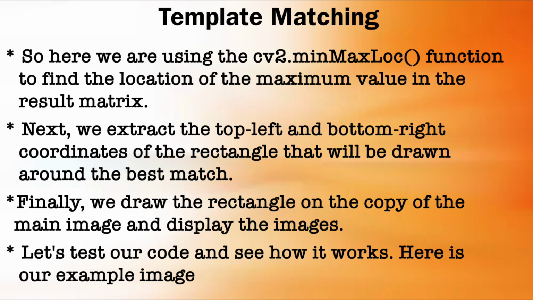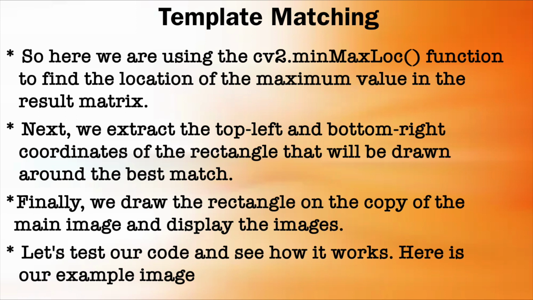Next, we extract the top left and bottom right coordinates of the rectangle that will be drawn around the best match. The green boxes are plotted using this top left and bottom right approach. Finally, we draw the rectangle on the copy of the main image and display the image.